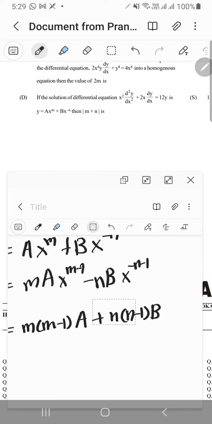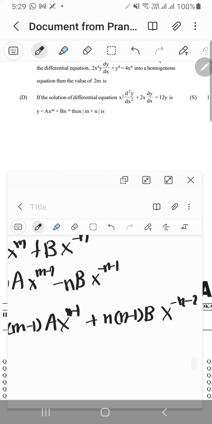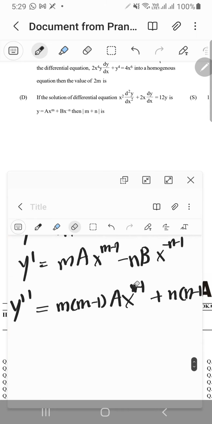It's obviously that thing over there as well. This should also be m minus 2 over there.